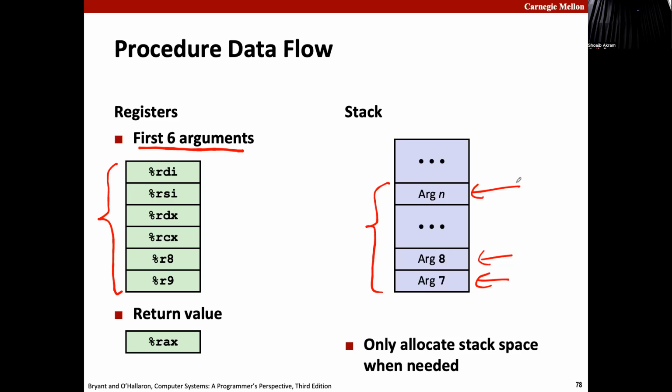This is still the callee's stack frame. The caller, we'll see in a little bit. Because the stack grows downward, the 7th argument is at the bottom. So if the stack pointer is here, what do I need to do to reach or to access the 7th argument?